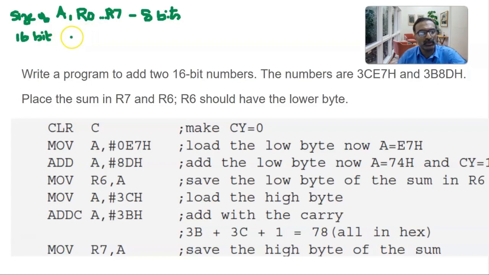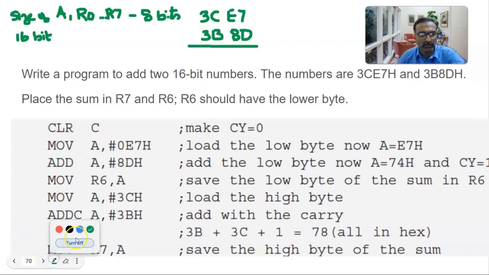So you have to do 8-bit addition 2 times. First we will have 3CE7 and then we will have 3B8D. So first what will we do? We cannot add these two numbers together. So first we will add these two.